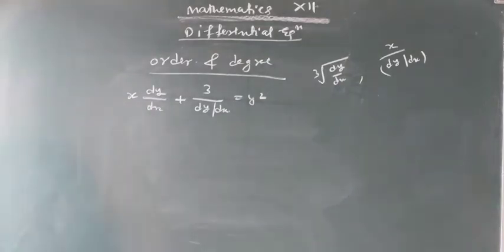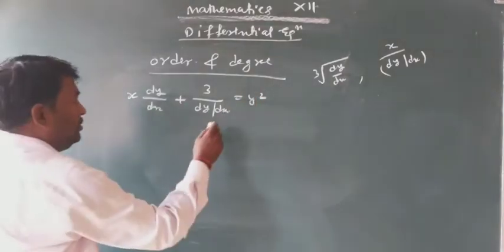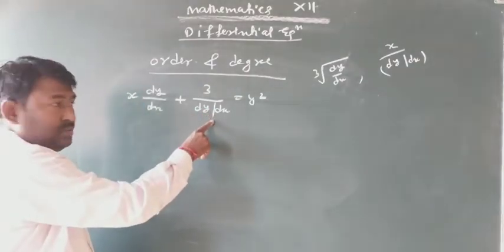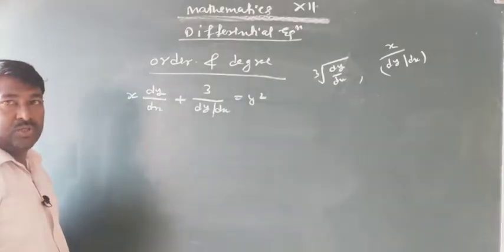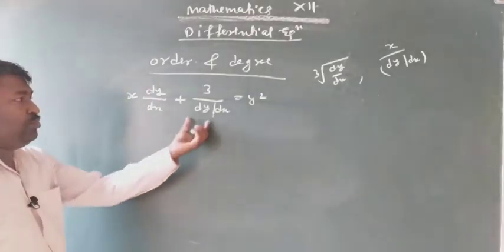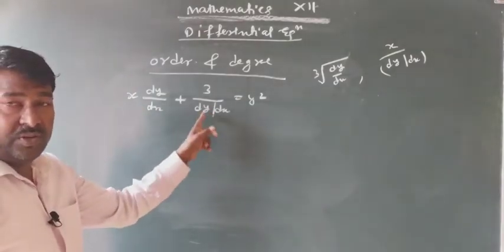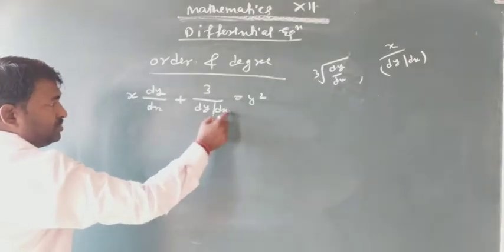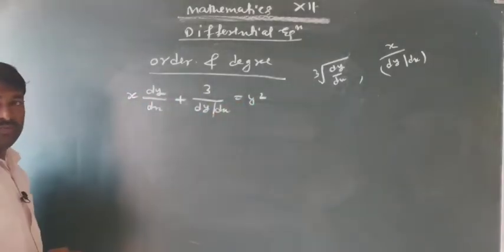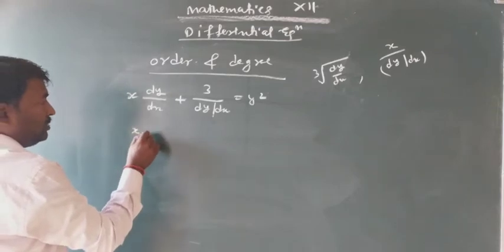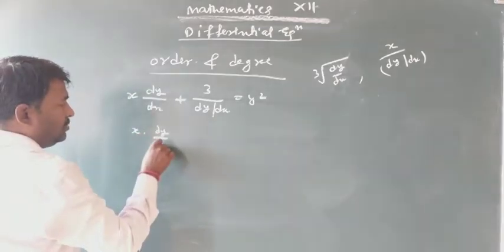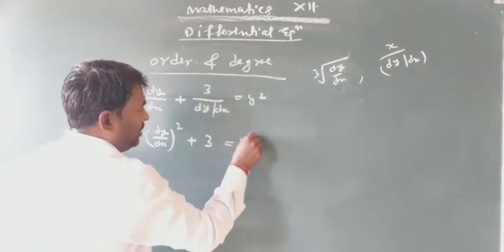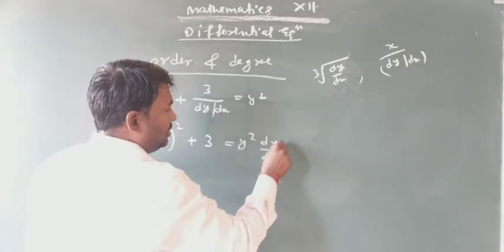Now see, this differential equation has the derivative of y in a fraction, in the denominator. So first of all you have to remove it from the fraction, multiplying each term on both sides by dy by dx. So, x into dy by dx whole square plus 3 is equal to y square dy by dx.